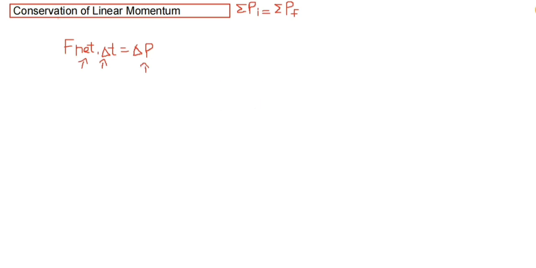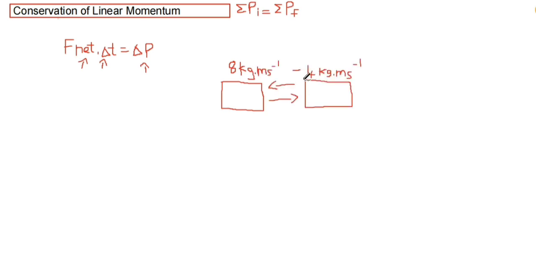Let me give you a scenario to work with. Let's say, for example, there is a block which has a momentum of 8 kilograms times meters per second. And then you have another block with a momentum of minus 4 kilograms times meters per second. And now these two are going to collide with each other.